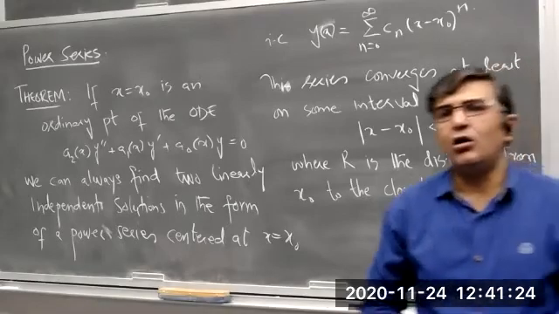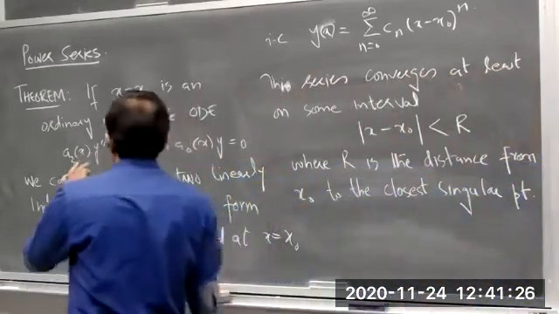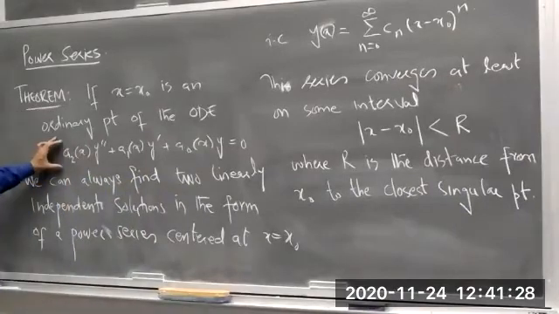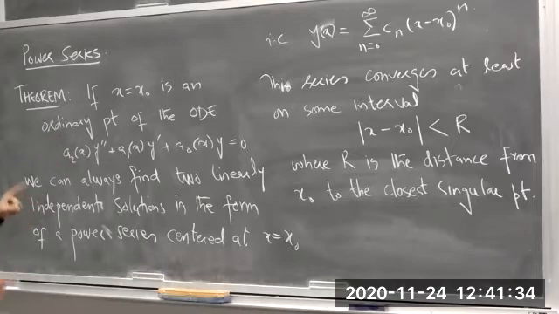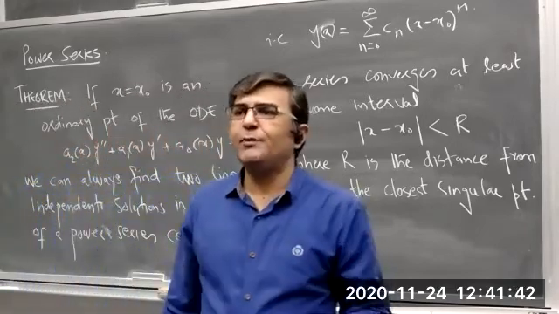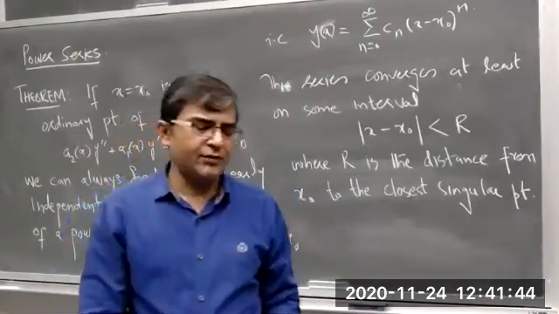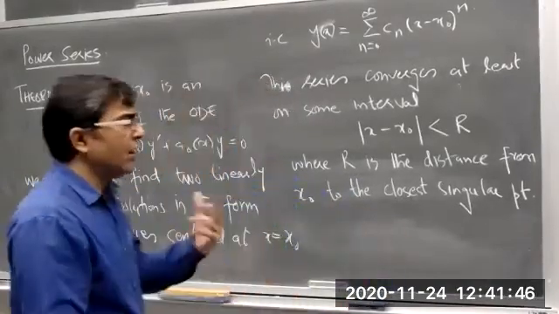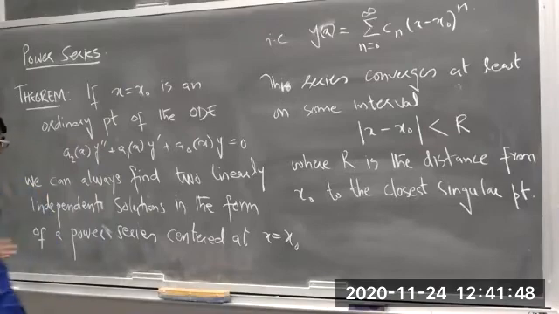Because the order of the differential equation is 2. So we must have two linearly independent solutions in order to write the general solution of this differential equation. I hope you know how to write the general solution of a second order differential equation. It should be a two parameter family of solutions which involves two arbitrary constants.